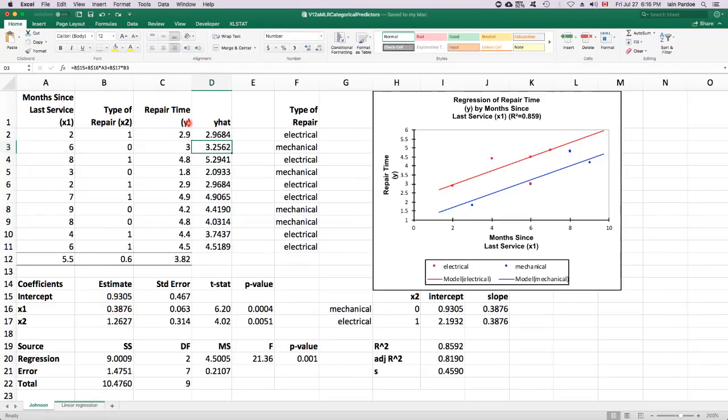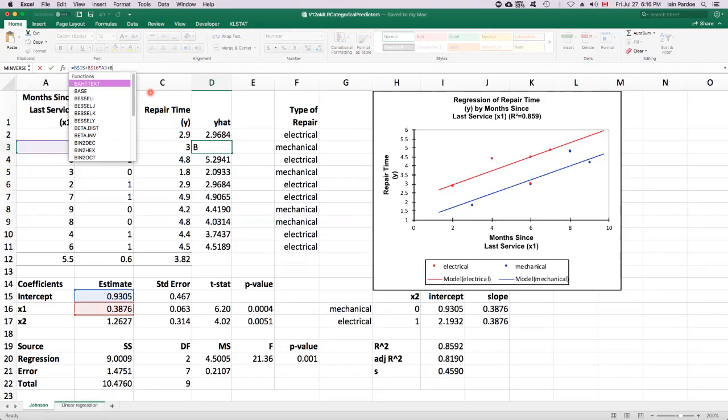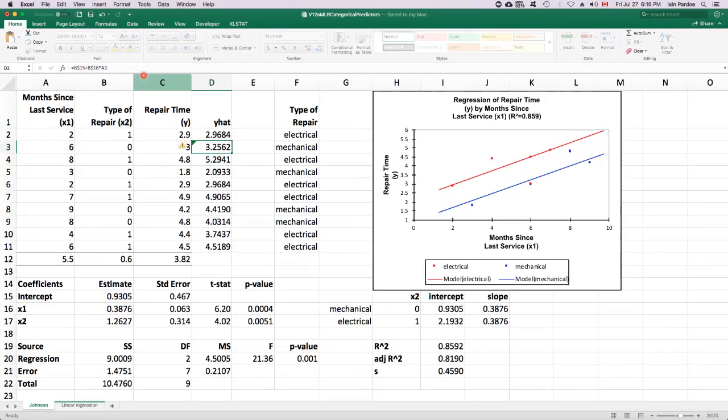Let me just get rid of it again. There we go. It looks like the equation that's used to predict y when we have a mechanical repair is more simply stated as 0.9305 plus 0.3876 times x1. That's what I've represented over here on the right-hand side.